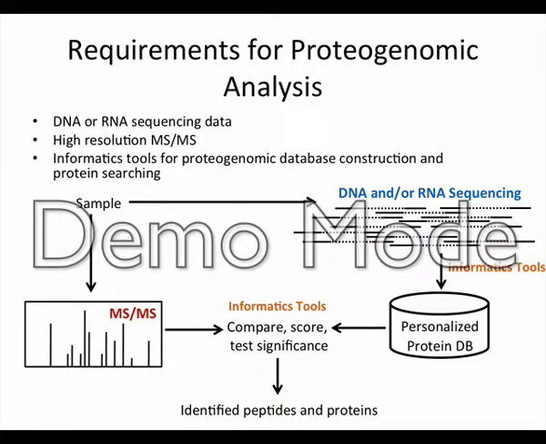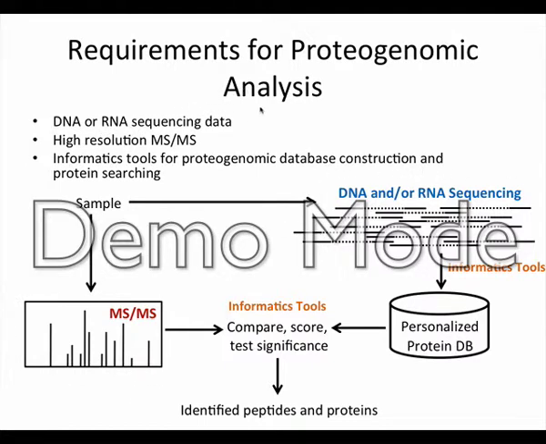So there are three requirements for proteogenomic analysis. You need to have DNA or RNA sequencing data. You need high-resolution MSMS. And you need informatics tools for both proteogenomic database construction and also protein searching. So if you have a sample, you do DNA and or RNA sequencing on that sample, and you also do MSMS on that sample.